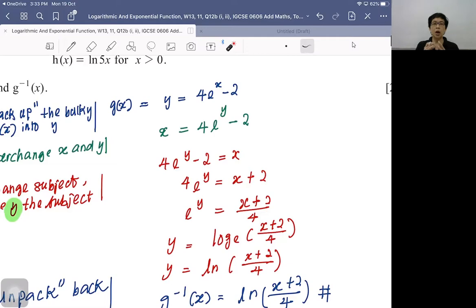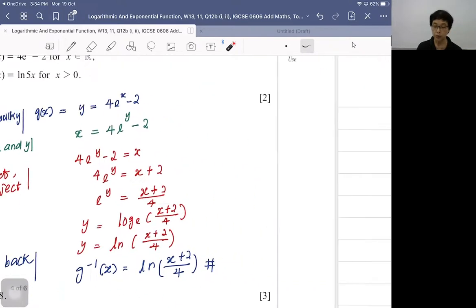If you are not familiar with converting between exponential function and logarithmic function, I'm going to run through a quick revision for you.